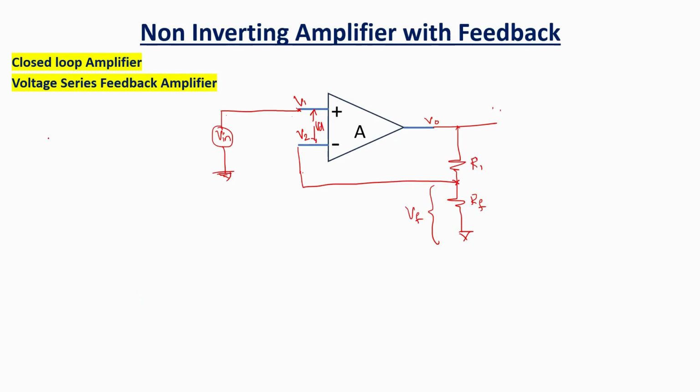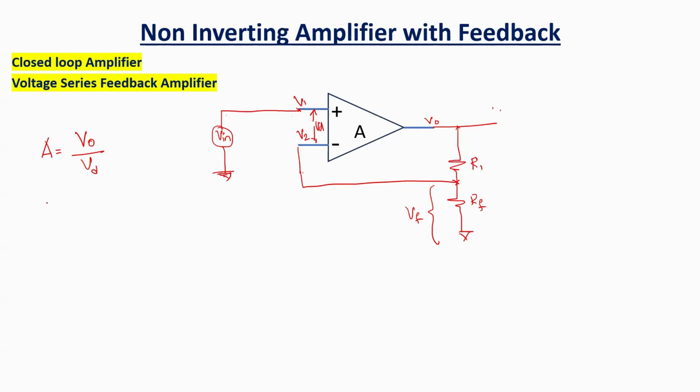The gain is nothing but A is equal to output, V out, divided by VD. So this is nothing but output by input, that is the gain. Suppose if you have 100 rupees and input is only 5, 20 is your gain. You can think of it that way, okay? Output by input.